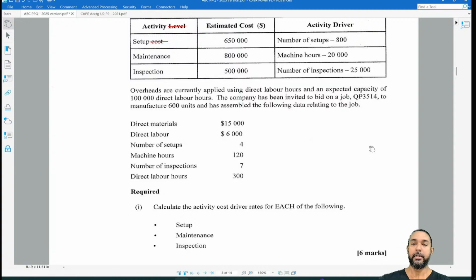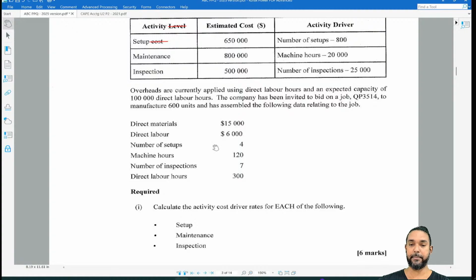Okay, good. Now, overheads are currently applied using direct labor hours and an expected capacity of 100,000 direct labor hours. The company has been invited to bid on a job QP 3514 to manufacture 600 units and has assembled the following data relating to the job. Materials 15, labor 6. So those two are given to us. Now they have the breakdown of the volume of each activity.